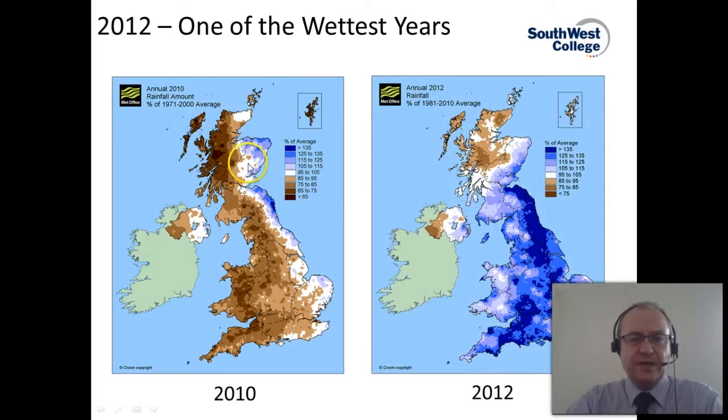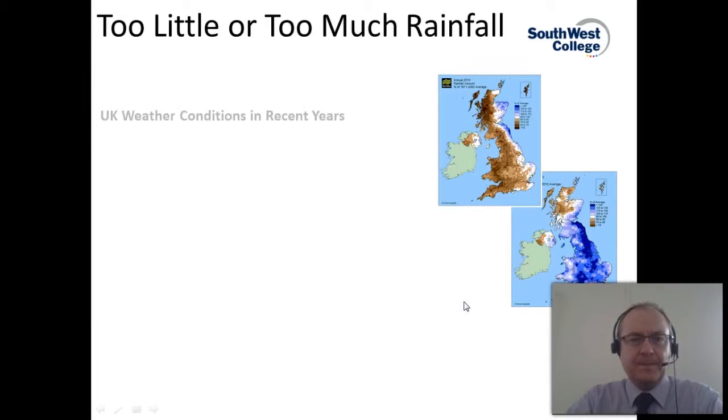So you can see 2010 went from being completely arid, very dry, everywhere below the national average, to 2012, where nearly all the country was well above the national average. So again, it's indicative of our changing weather patterns. It can be very dry or very wet.